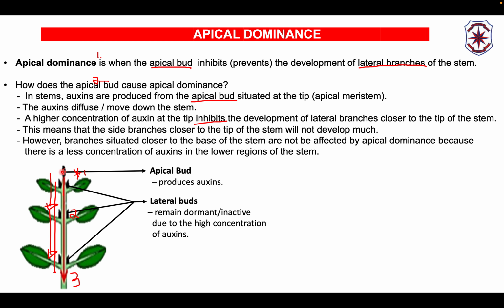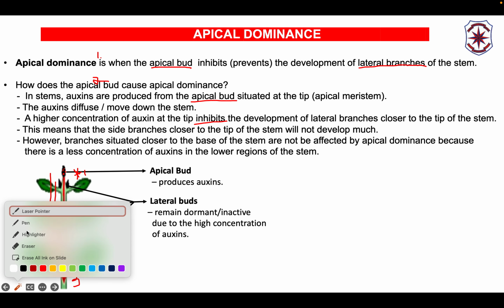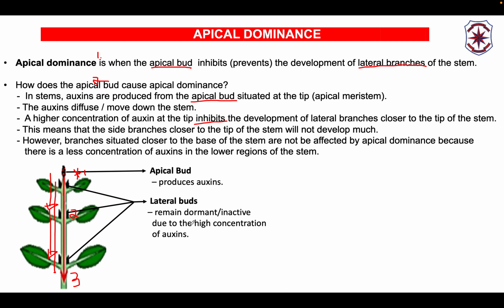Where we have a high concentration of auxins, that will inhibit or prevent the lateral buds from developing lateral branches. So this high concentration of auxins, in actual fact, keeps the lateral buds dormant, or keeps them inactive.